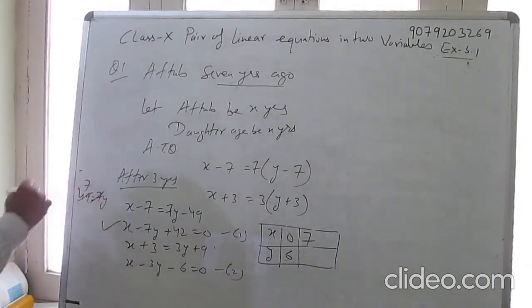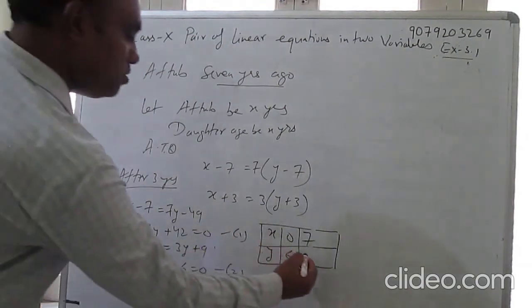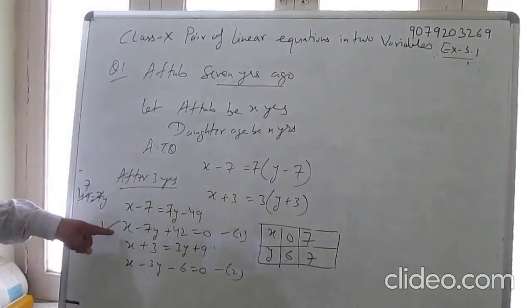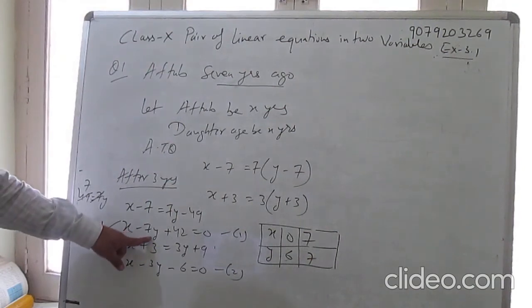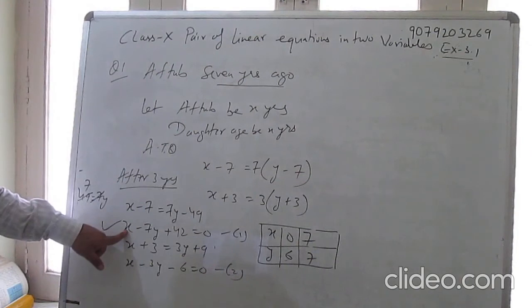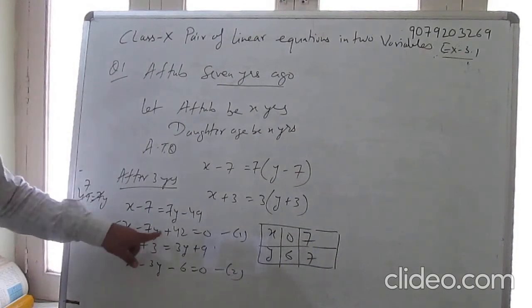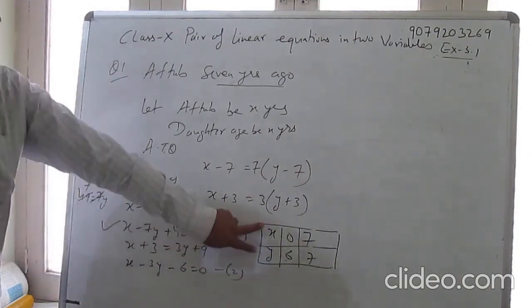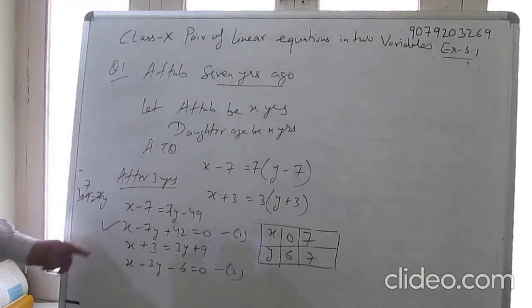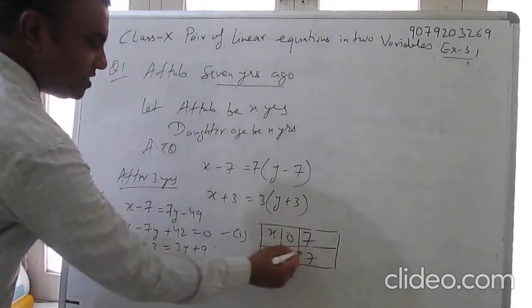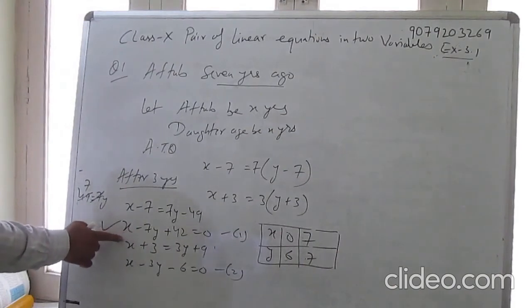So 7 7s are 49, y is also 7. Put these two in the equation: minus 49 plus 49 is 0. So these 2 points satisfy equation 1: 0 and 6, 7 and 7.